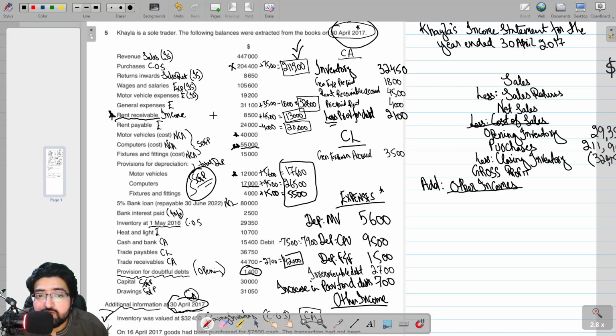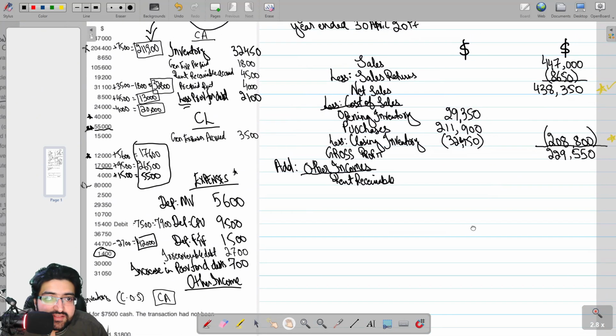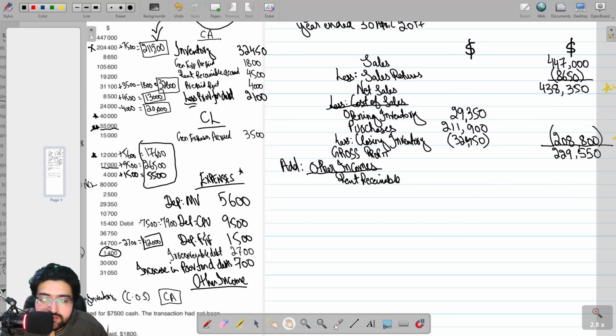So now it's easier for me to simply write this here. Rent receivable, and I have just one other income. We had no other incomes in this apart from rent receivable, so I don't have to use the working column. I will simply put the amount directly in the totals column.